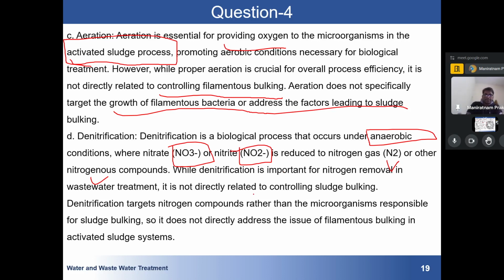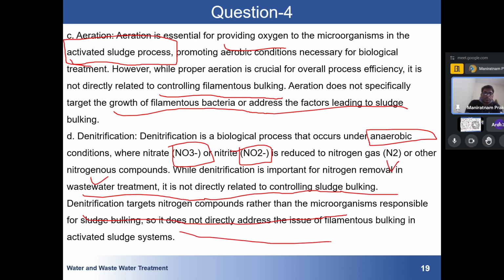While denitrification is important for nitrogen removal in wastewater treatment, it is not directly related to controlling sludge bulking. Denitrification targets nitrogen compounds rather than the microorganisms responsible for sludge bulking.